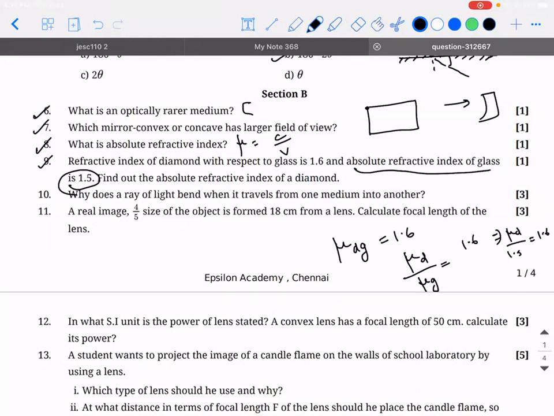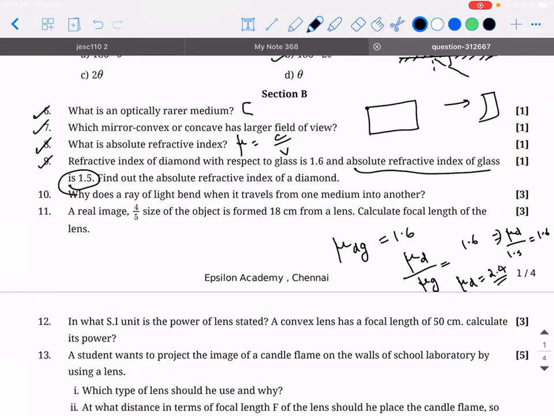1.5 into 1.6. So 1.5 you can write as 3 by 2. If you write it as 3 by 2, 1.6 by 2 will be 0.8. 0.8 into 3 is how much? So refractive index of diamond is 2.4. You can check it in your textbook. There is a tabular column for refractive indices, right?